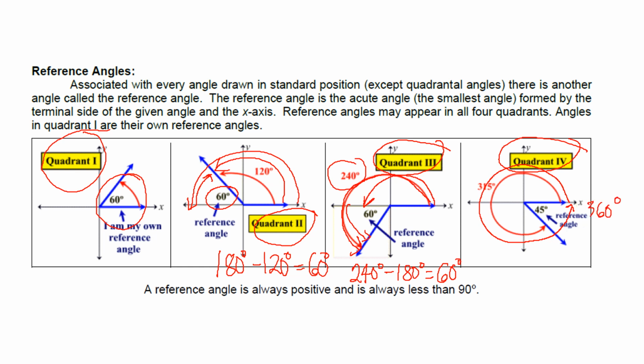So to get the reference angle, we have 360 degrees, subtract 315 degrees, so we have 45 degrees. So that is how we find the reference angles.